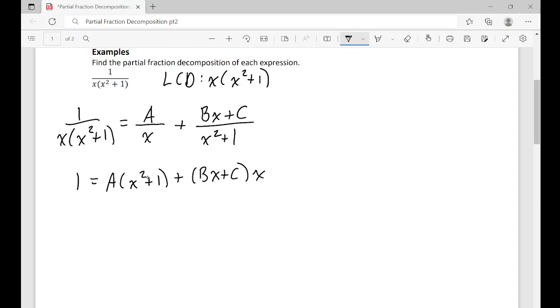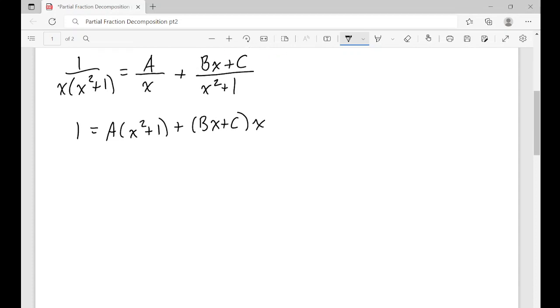And since we're dealing with some quadratic factors, I'm just going to equate coefficients. So I'm going to distribute the a and the x across, and I'm going to get 1 equals ax squared plus a plus bx squared plus cx.